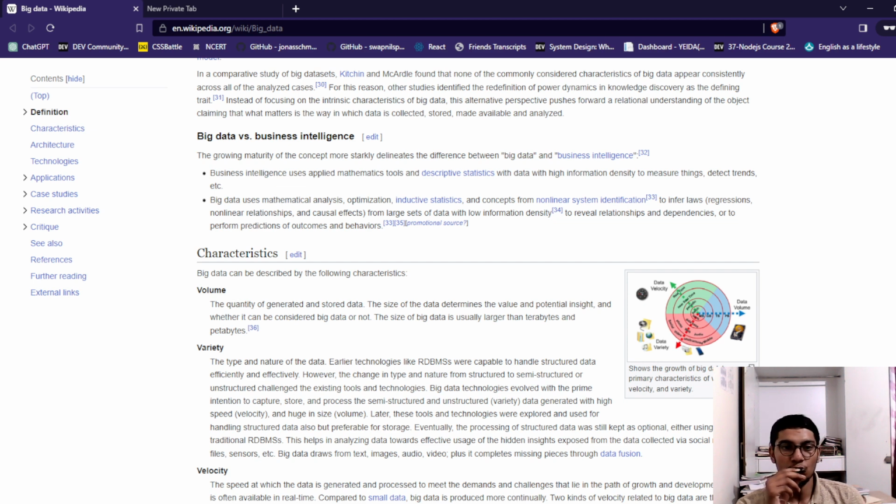Business intelligence uses applied mathematics tools and descriptive statistics with data of high information density to measure things, detect trends, etc.